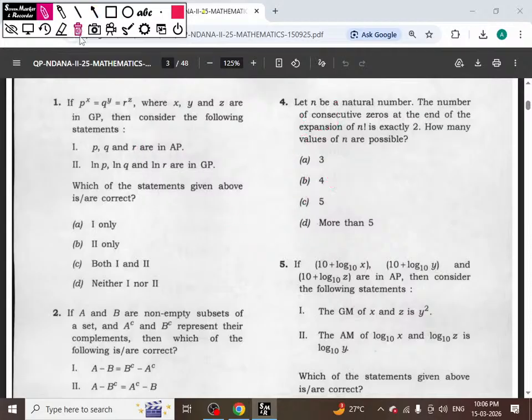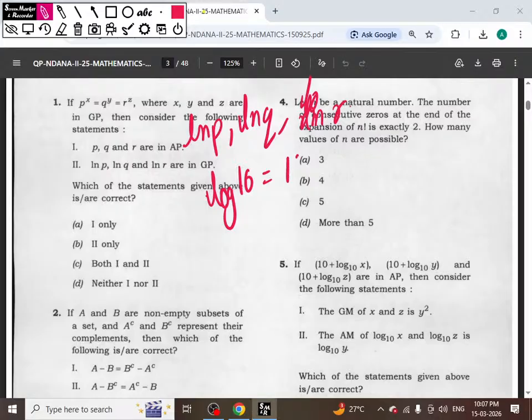Okay, so ln p, ln q, and ln r are in GP. We can take the same values. Log 16 equals log 4 equals log 2, right?